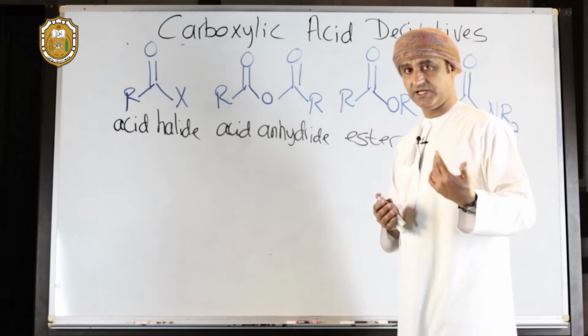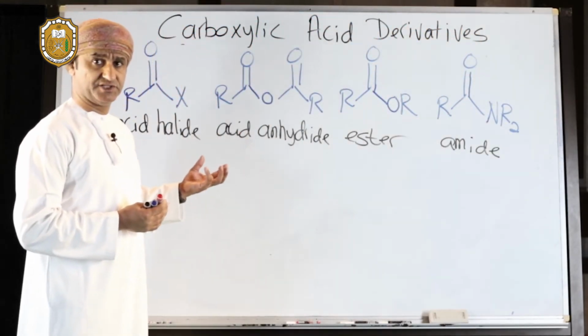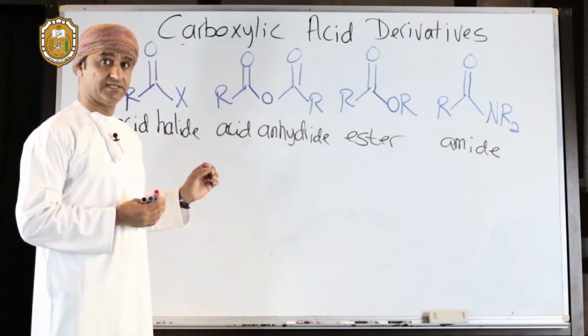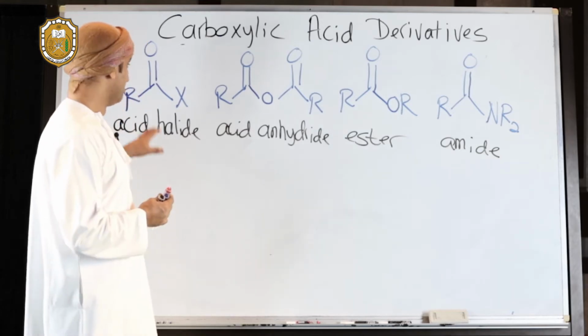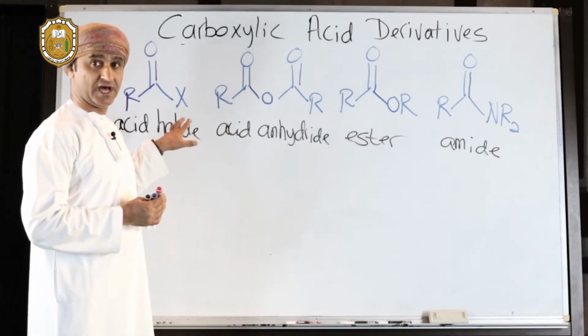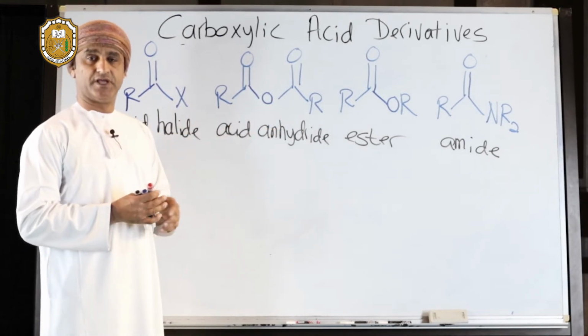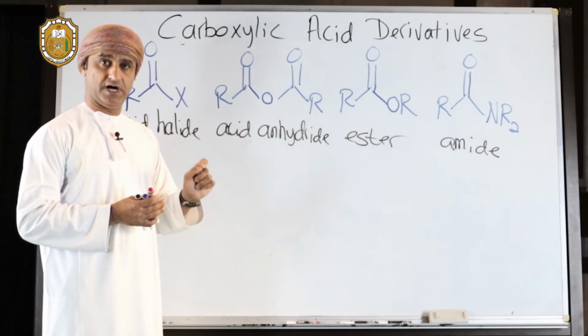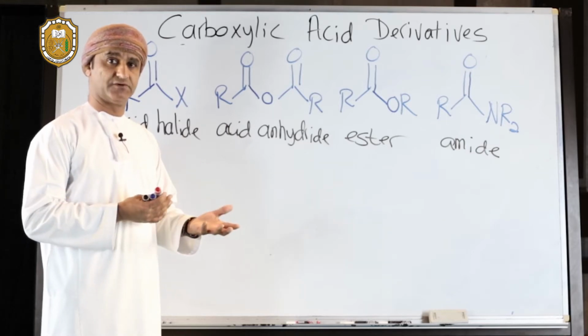Now, the nucleophilic addition step is facilitated by the electrophilicity of carbon. In other words, the most electrophilic carbon of these carboxylic acid derivatives should undergo the fastest nucleophilic addition step. So what improves electrophilicity?